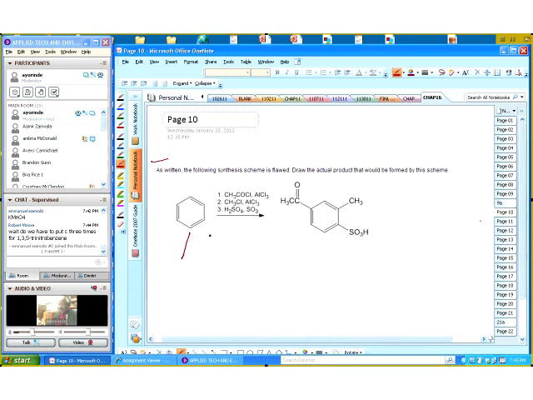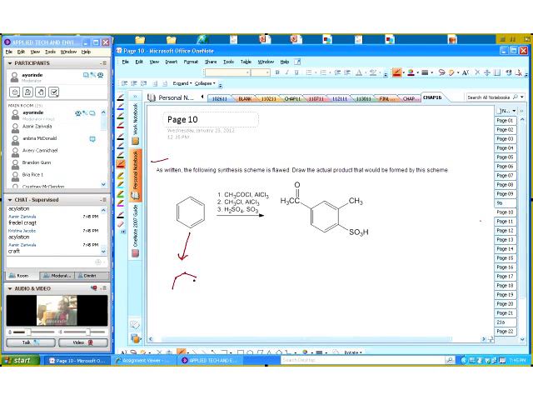Okay, let us do the first one. What type of reaction is the first one? Anybody know? Okay, acylation, Friedel-Crafts acylation, exactly.